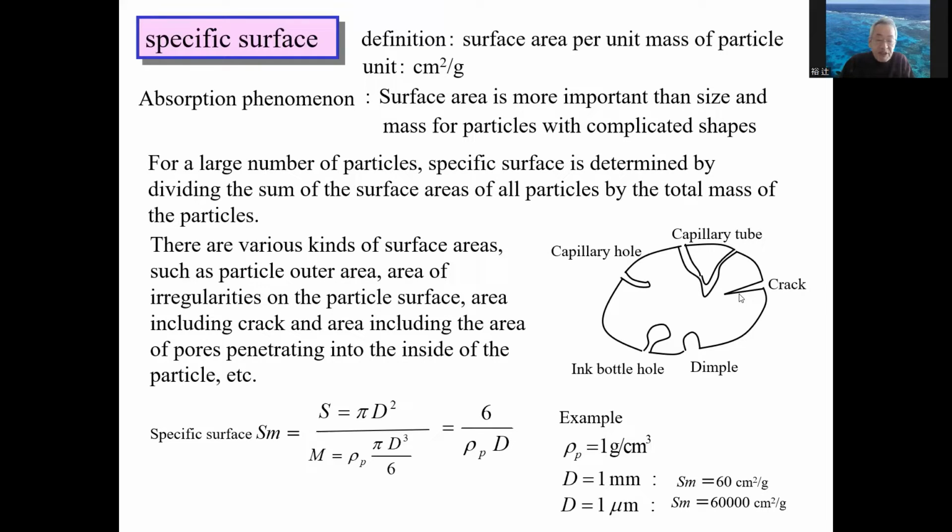The specific surface of the 1 millimeter particle is 60 square centimeter over gram, and that of the 1 micrometer particle is 60,000 square centimeter over gram.